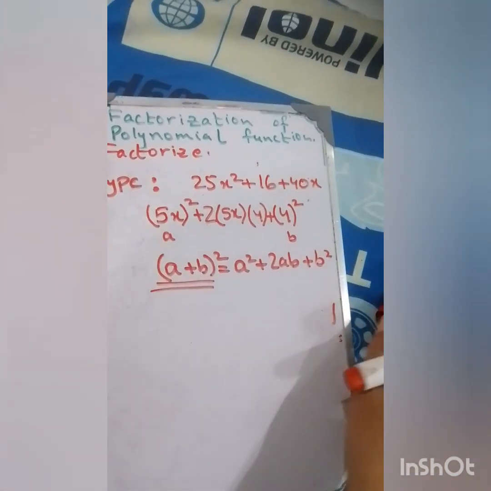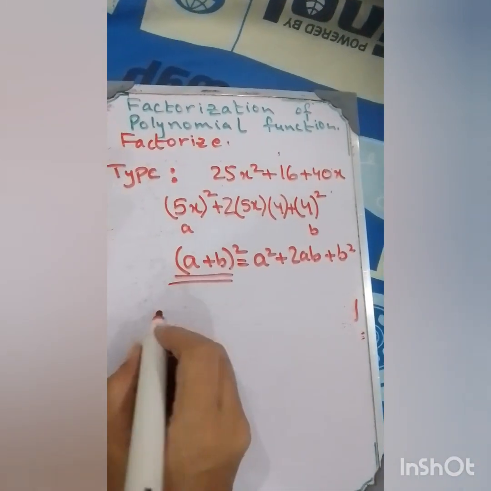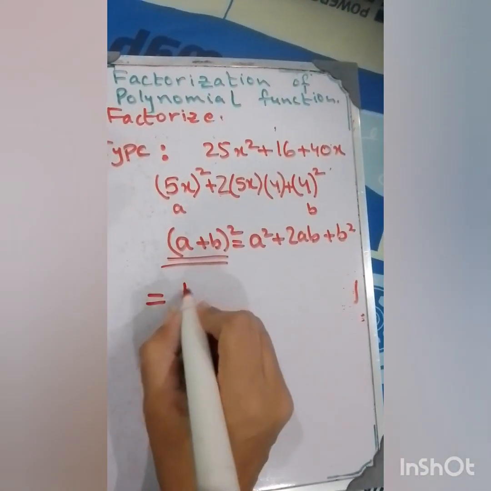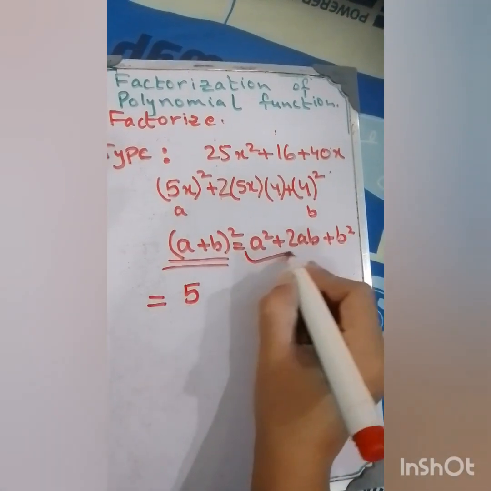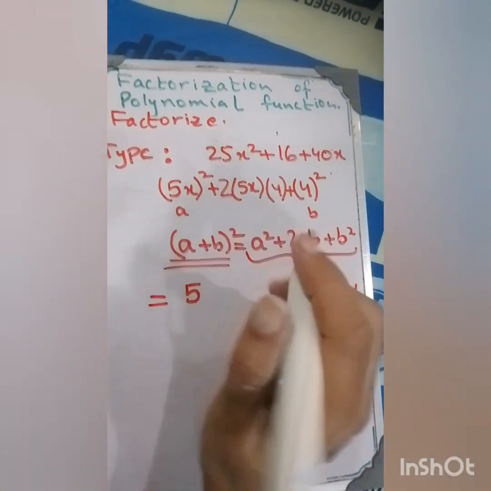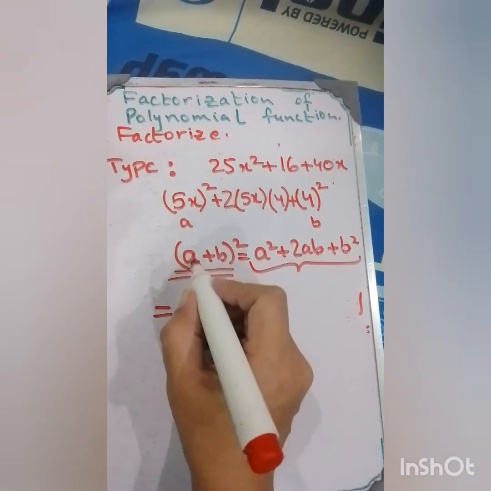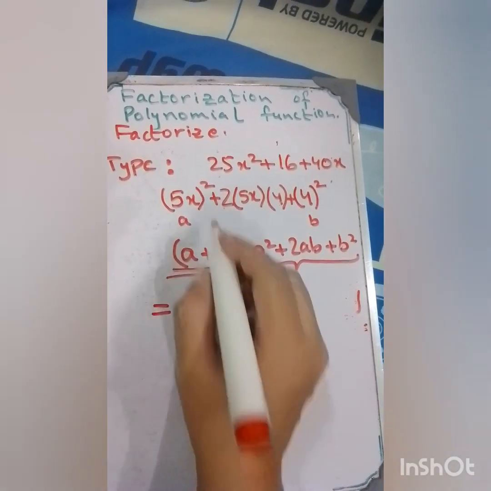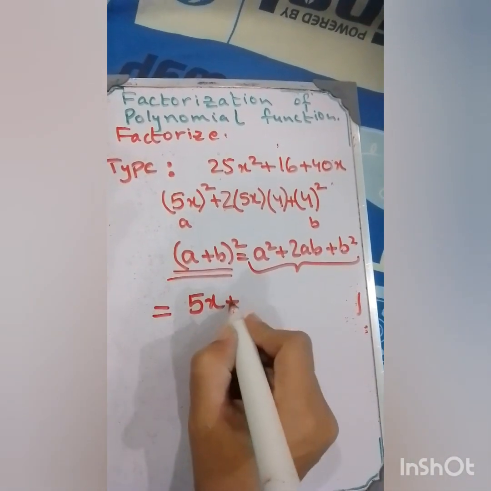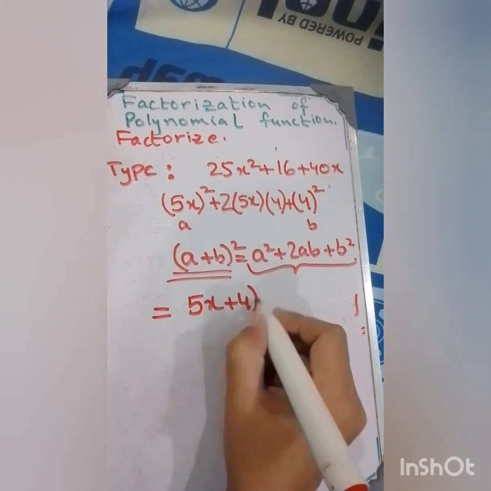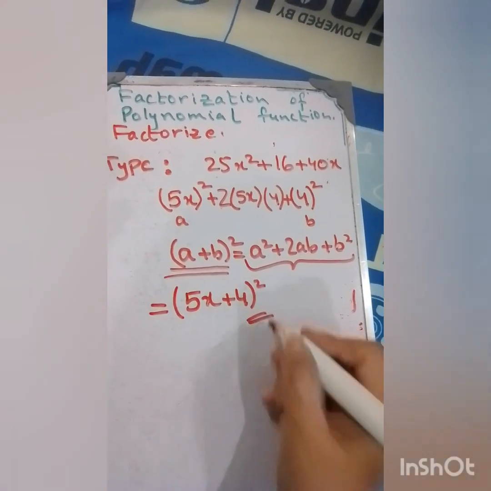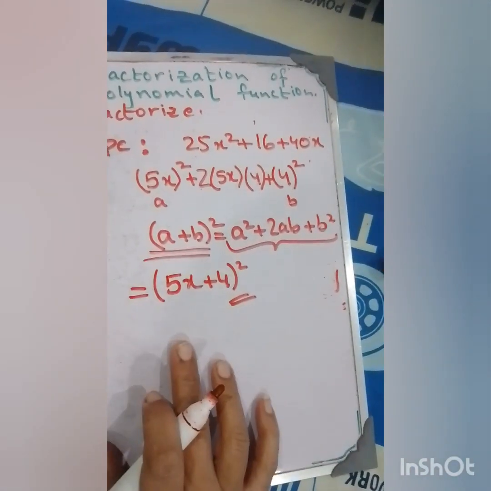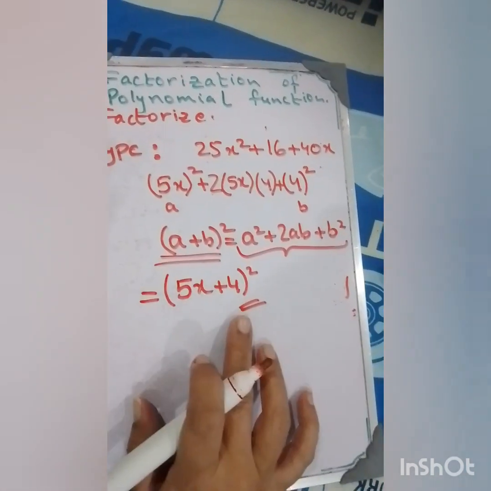After this you can write it as 5x, a plus b. This is the whole term I have obtained already here. Now it equals a plus b the whole square, where my a is 5x and b is 4. So I write it like this, and this is the final answer. These sorts of questions can be solved easily using this very formula.